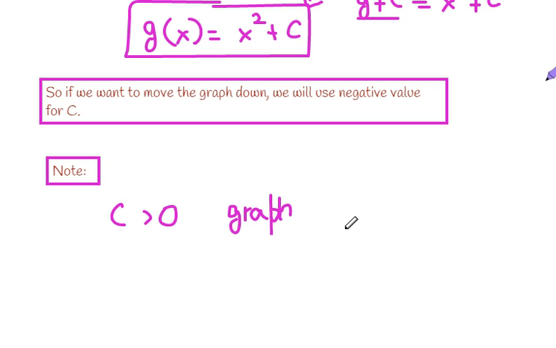And remember that's for sure. You are adding c in y, not in x. If you add something in x, there will be different things you're going to find out. Right now you're adding something in y. If you add a constant which is greater than 0 in y, graph moves up.